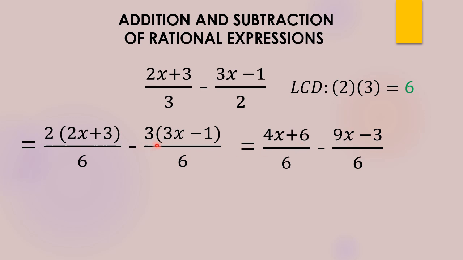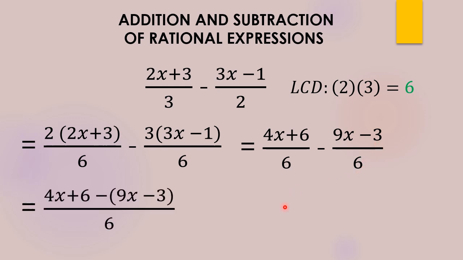And then for 3, multiply 3 to 3x minus 1. 3 times 3x, 9x. And then 3 times minus 1 will give us negative 3. What will happen here is, take note that 9x minus 3 is our subtrahend.